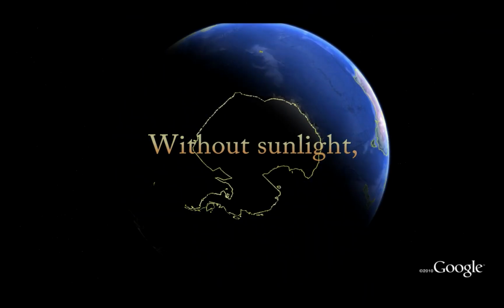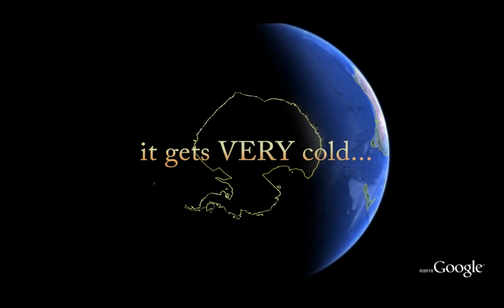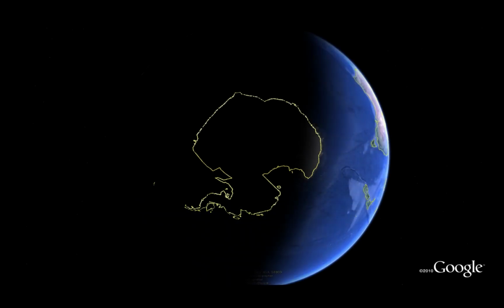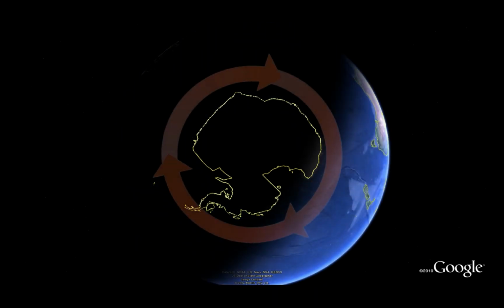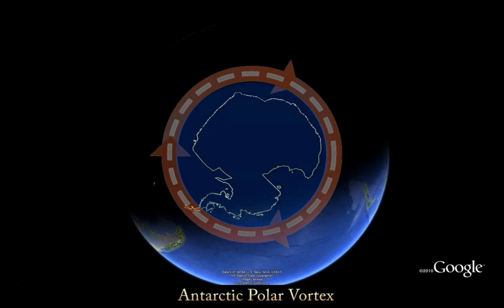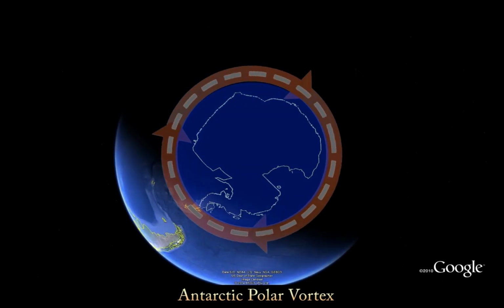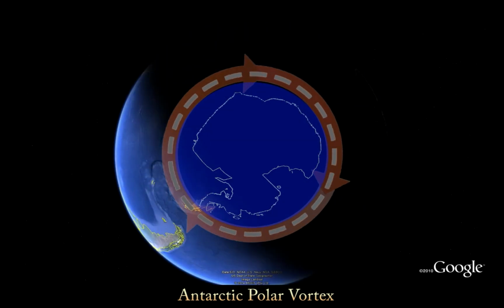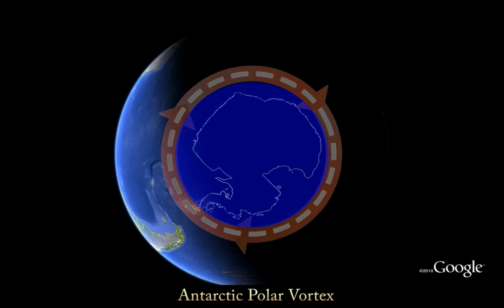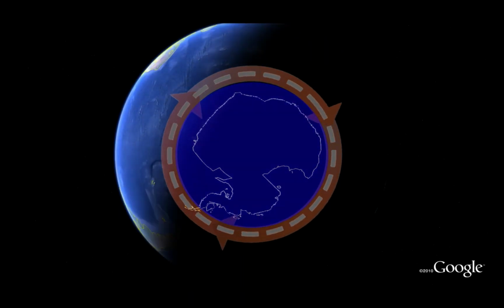Without sunlight, it gets very cold. In the darkness of winter, wind patterns stabilize around Antarctica, preventing warm air from mixing in. This barrier allows the cold air over the continent to get even colder. This is the Antarctic polar vortex, a key component in the process leading to massive ozone destruction.